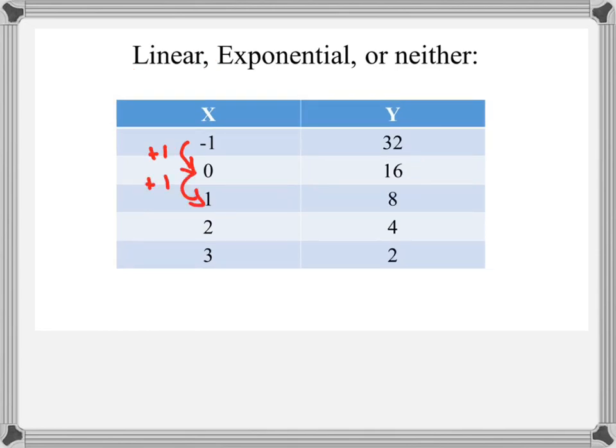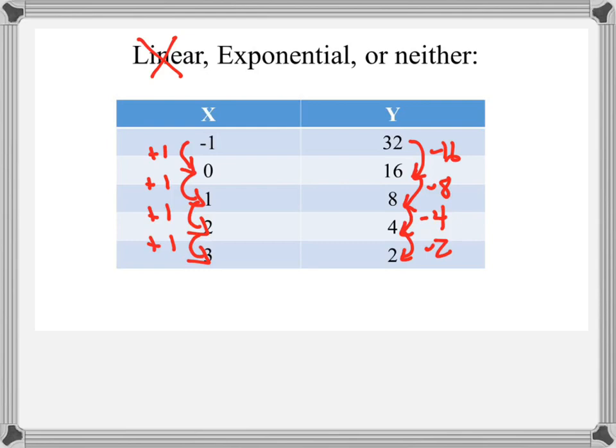Okay, so another table, again we're going up by 1. Here we're going down by 16, down by 8, down by 4, down by 2. So this is not linear because that's not a constant value each time. Then we need to check: do we have constant ratios?